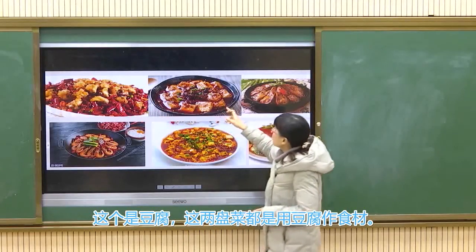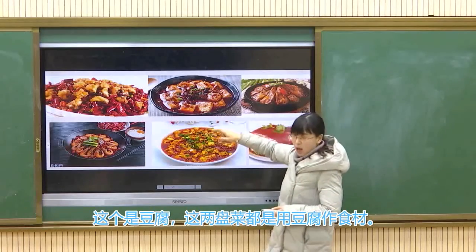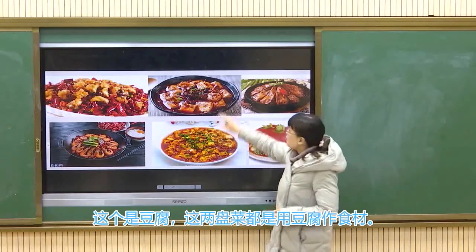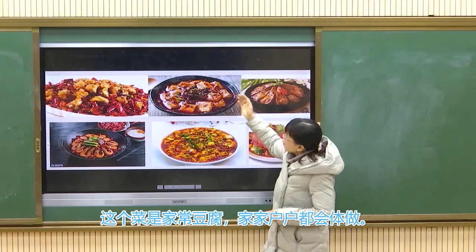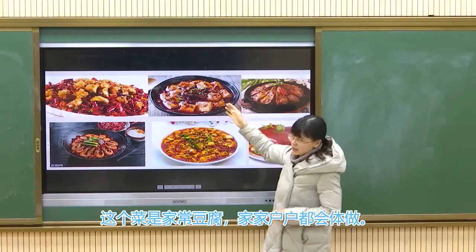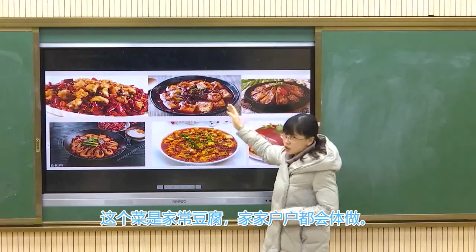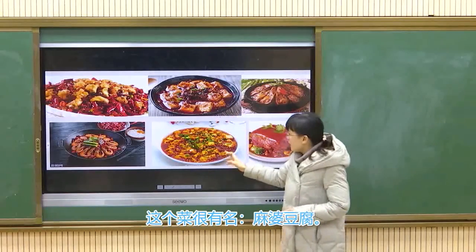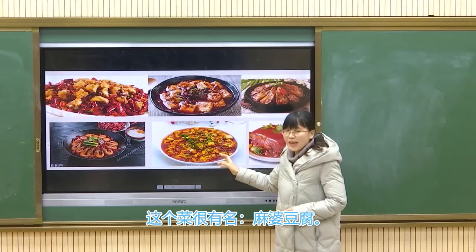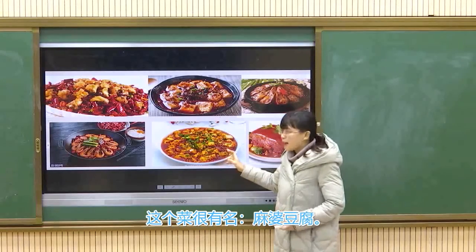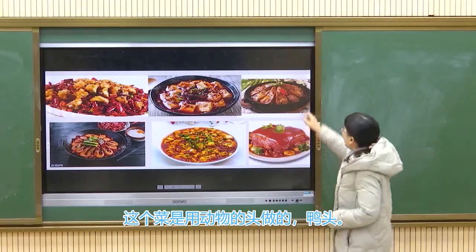And then this one is tofu. And we find these two dishes are of the same material, tofu. This one is cooked by almost every family. That is common cooking style. 就是家常豆腐. This one is very famous. Let me guess. 麻婆豆腐. Yes, Mapo tofu. Okay?